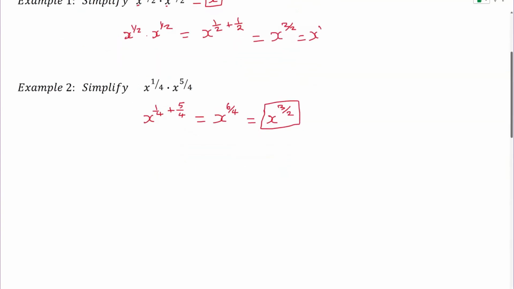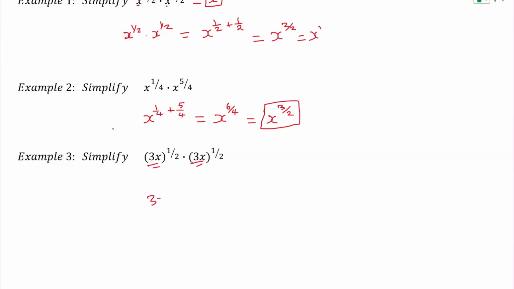All right, next example. We have example 3, and it wants you to simplify 3x raised to the 1/2 power times 3x raised to the 1/2 power. So here the base is 3x. So it's the same base. So what you do, you add the exponents.